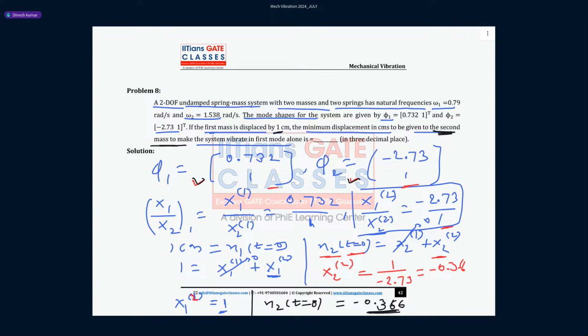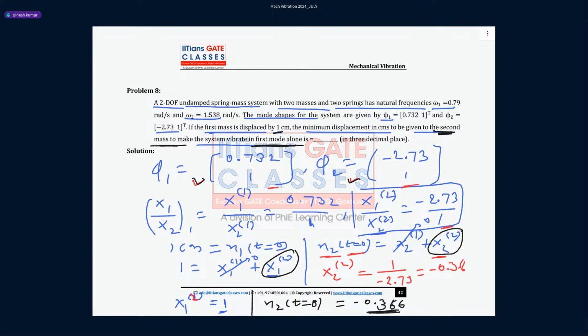Oh, sorry. I have done reverse. Guys, wait. They asked the system vibrating only in first mode. Okay. Guys, sorry for that. Okay, the system is vibrating only in first mode. So what we have done, if your system is vibrating only in second mode, because we kept this non-zero, this is non-zero.